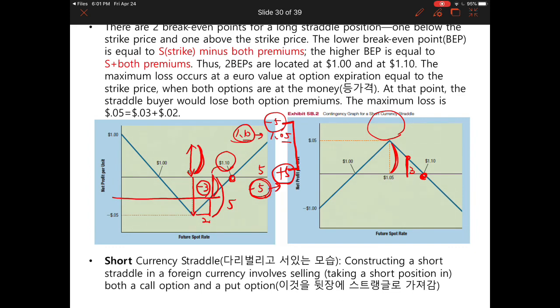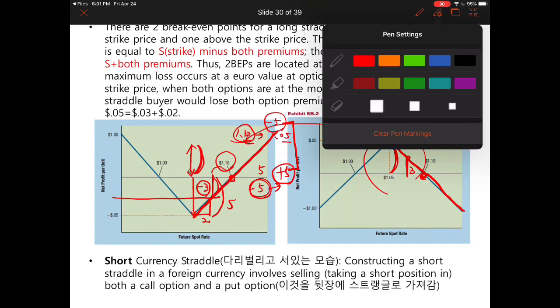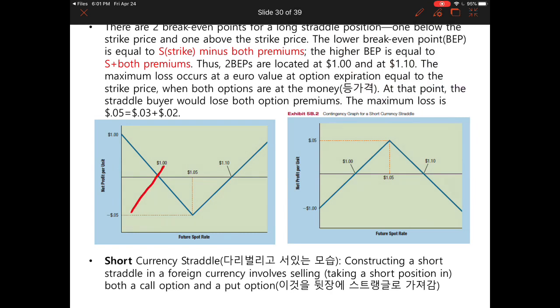So in my explanation, the payout to the writer will be exactly the opposite of what you are having. Let me duplicate this one to the left-hand side after I clear all the writing. So like this one. Now imagine the social planner who is carrying both writer and purchaser.